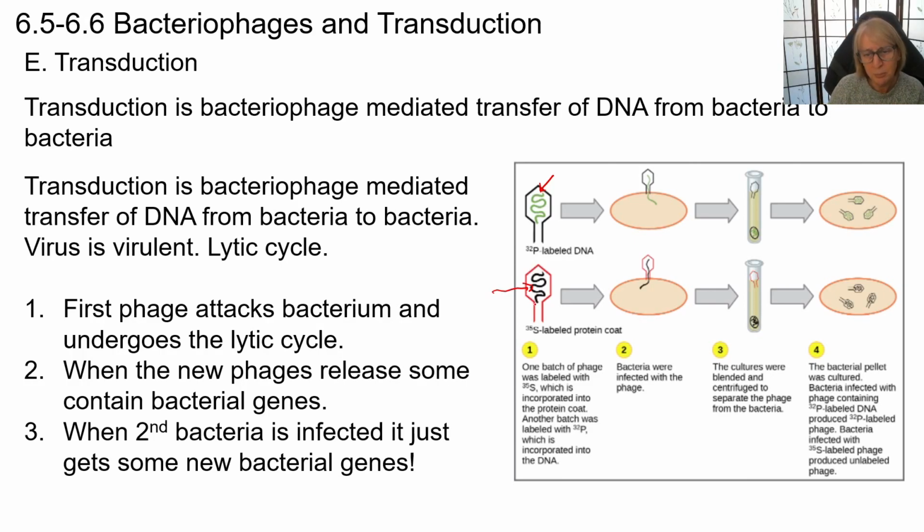If she labeled the protein on the outside of the phage, those new phages were not radioactive. If she labeled the DNA with radioactivity and allowed the lytic cycle to progress, the new phages, the babies, would come out as radioactive. Her experiment really illustrated the fact that DNA was the code that was building these little guys. DNA was actually conveying a code.